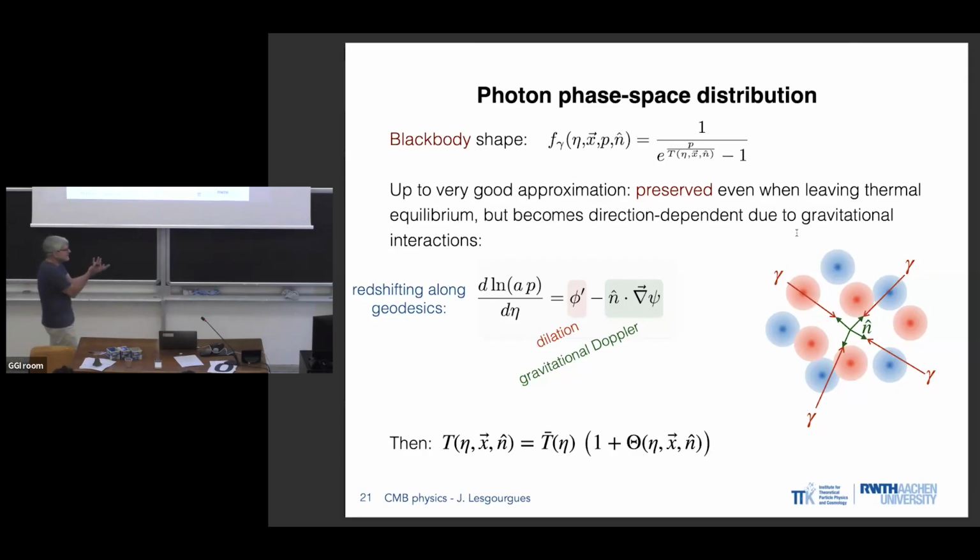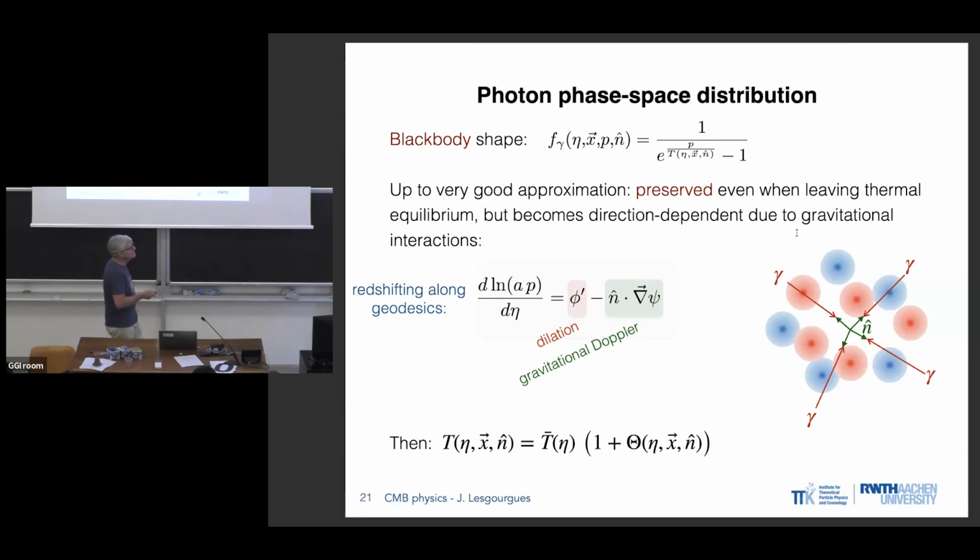And you could say, since they change the momentum, each individual photon gets a different momentum change, and the propagation of the photon in the perturbed universe is going to break down this nice blackbody expression. Well, it's not the case because, and it's very apparent when you put the geodesic equation in this form with a d log p, the d log p is a dp over p.